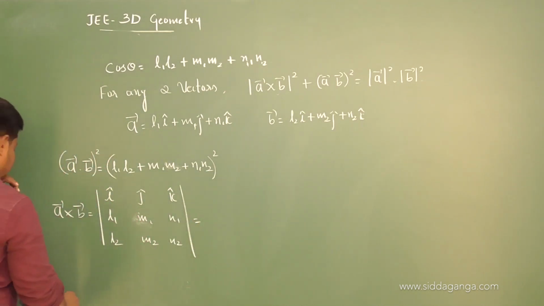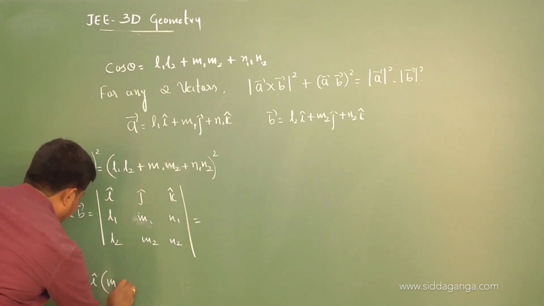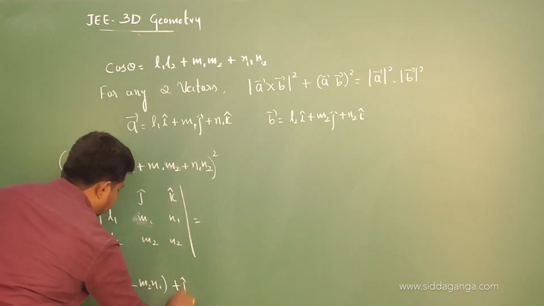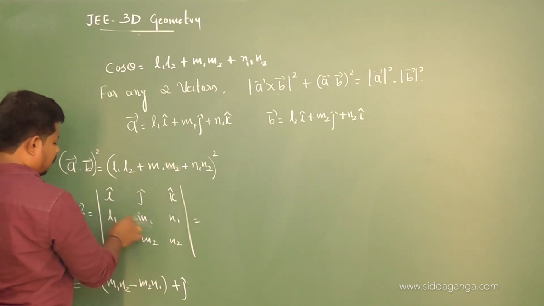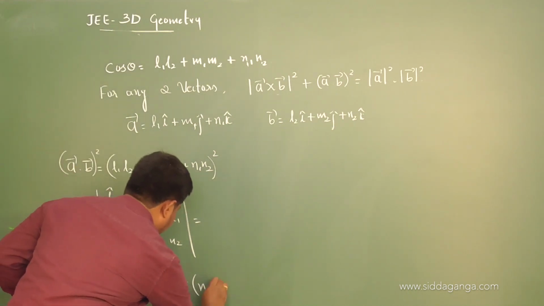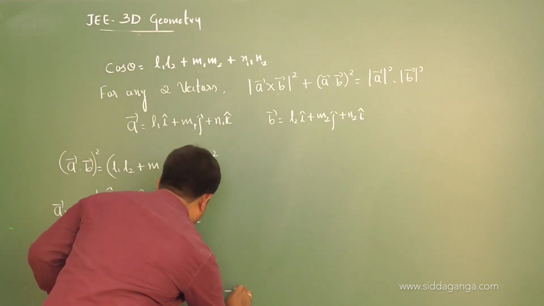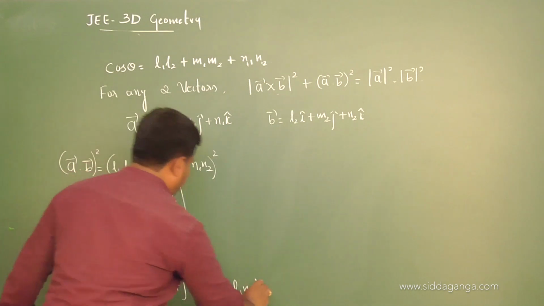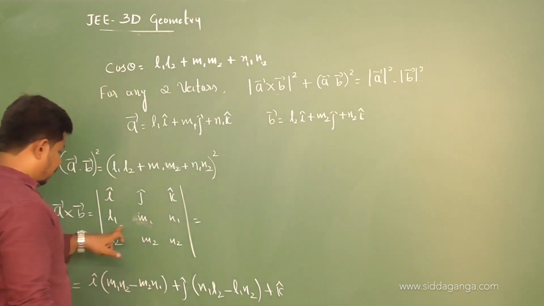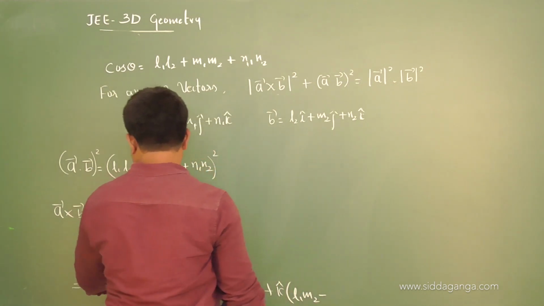On expanding this, you get i into (M1 N2 minus M2 N1) plus j into (N1 L2 minus L1 N2) plus k cap into (L1 M2 minus L2 M1).